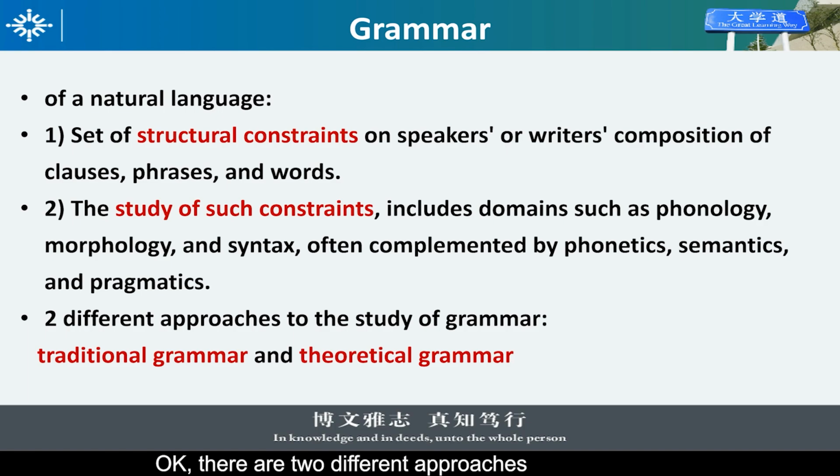Okay, there are two different approaches to study grammar: traditional grammar and theoretical grammar. Traditional grammar is more related to particular natural language, and theoretical grammar is something abstract, more related to the philosophical analysis of a human language.